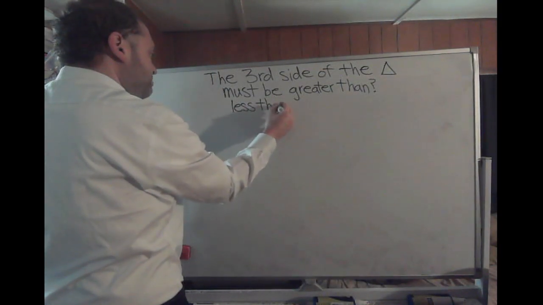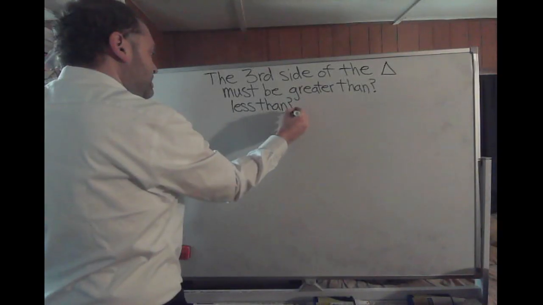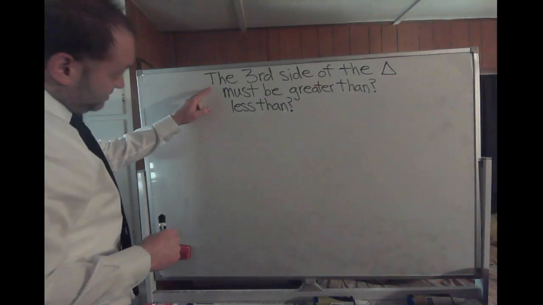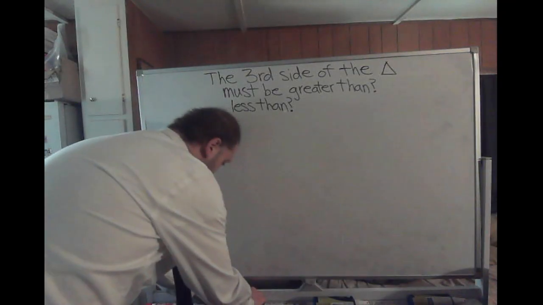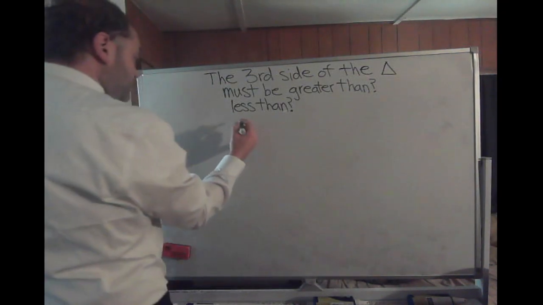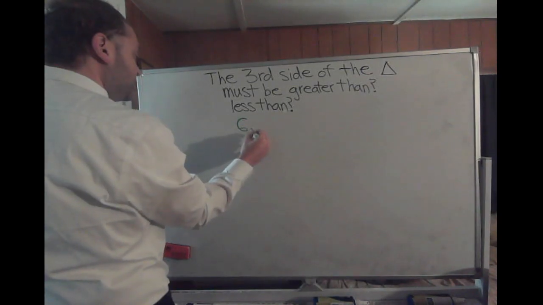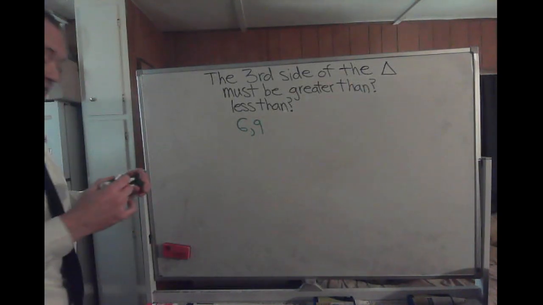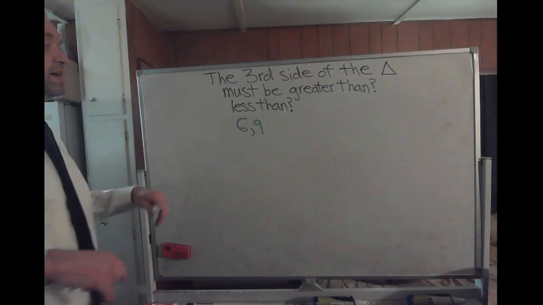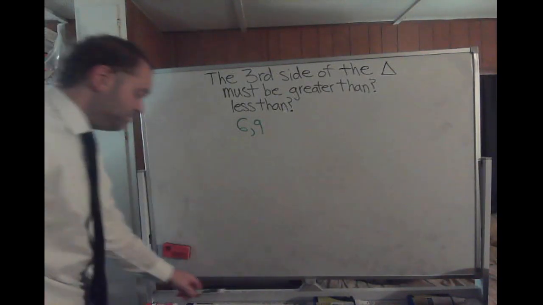So this is a little bit different. The third side of the triangle must be greater than and less than what? What are your first 2 sides? The first 2 sides are 6 and 9. So they give you 2 of the sides, 6 and 9. So how in the heck are we going to find the range of what the third side must be?